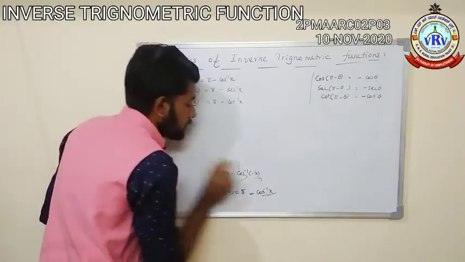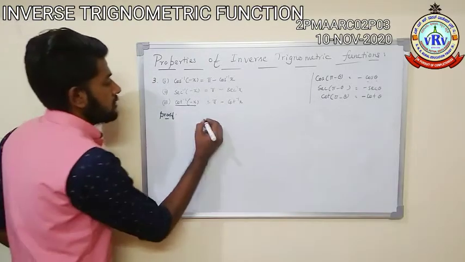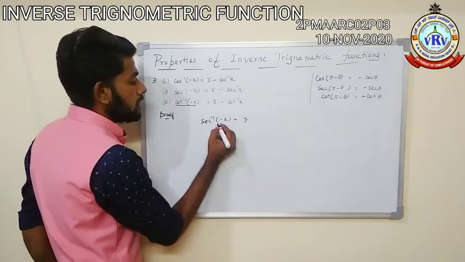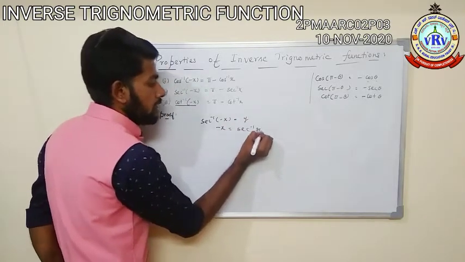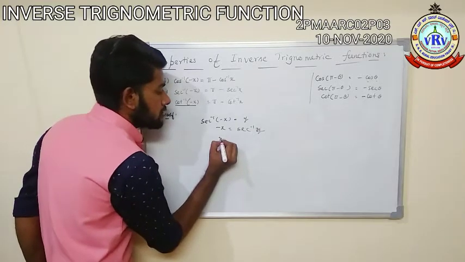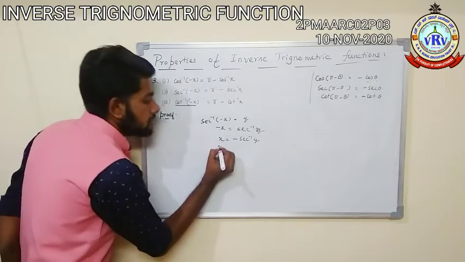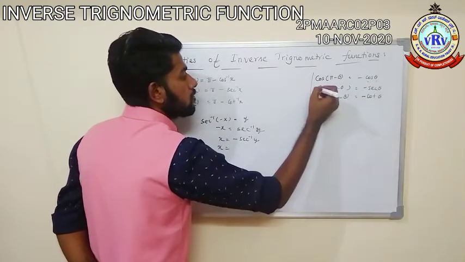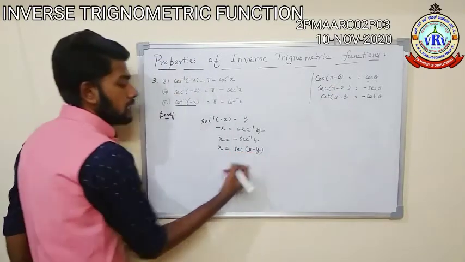Similarly, we can prove for the secant inverse of x. Secant inverse of minus x, we take as y: minus x is equal to secant inverse of y, and x is equal to minus of secant inverse of y, which is equal to plus secant inverse of pi minus y.